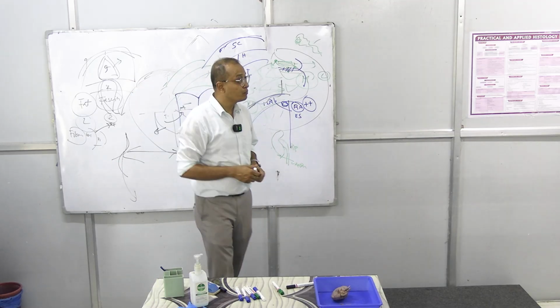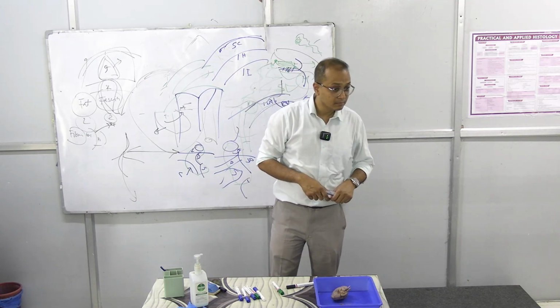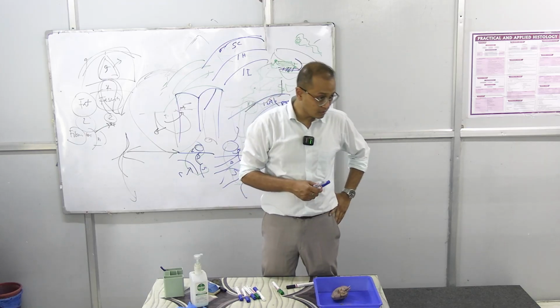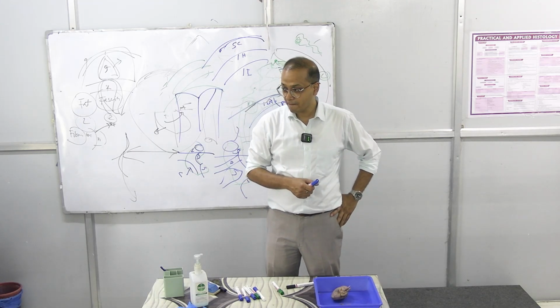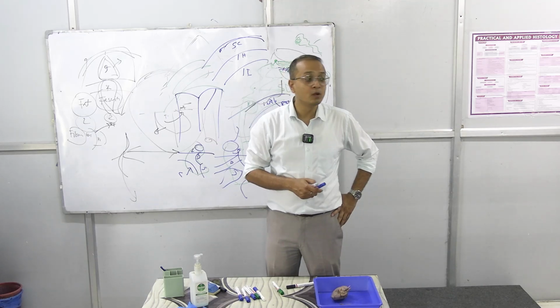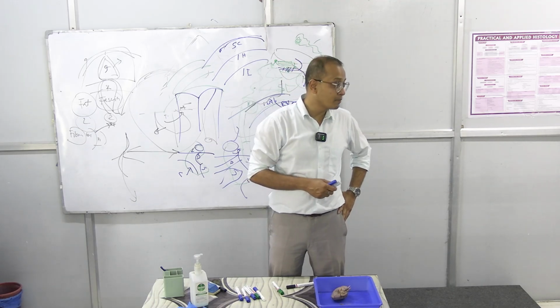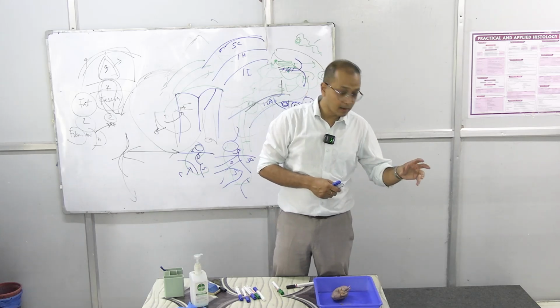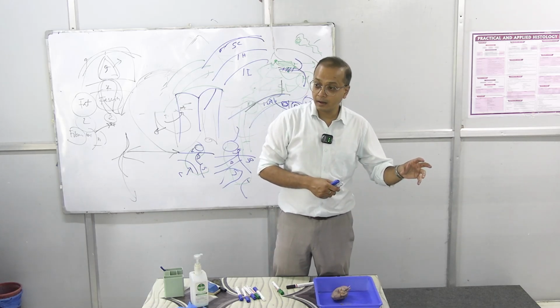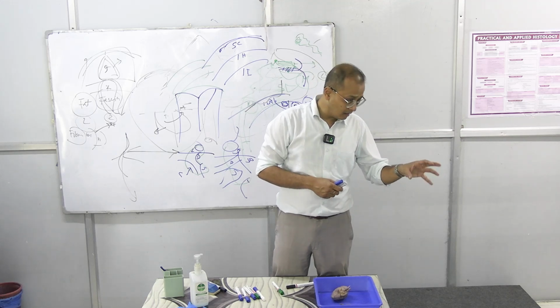What happens if you cut the pleura? Pleural effusion? We call it a pneumothorax. What happens if you have pneumothorax? Air in the lung? Air in the lung?